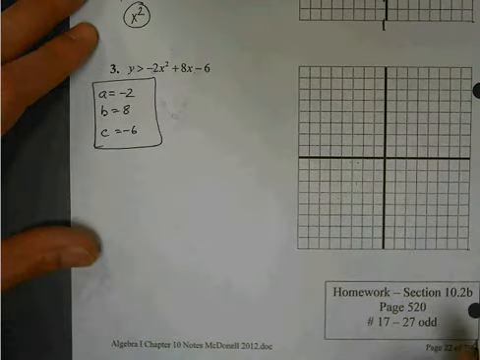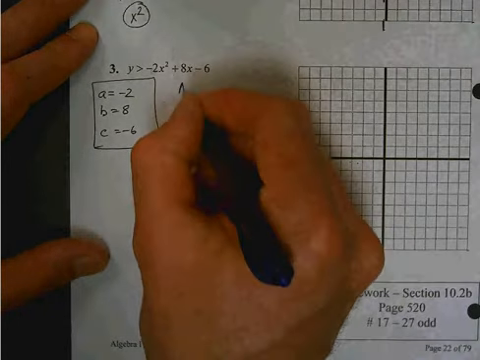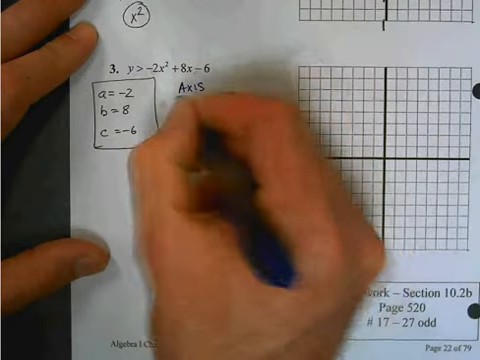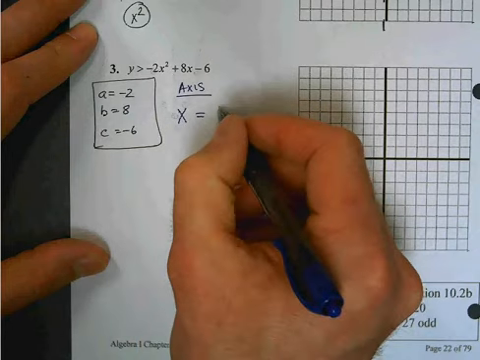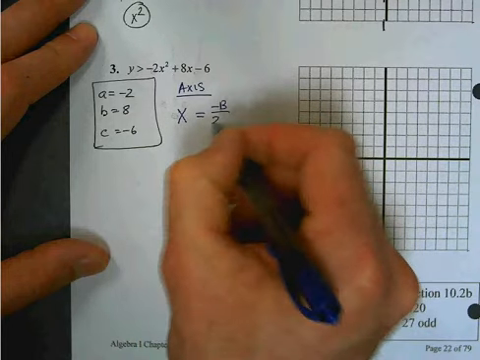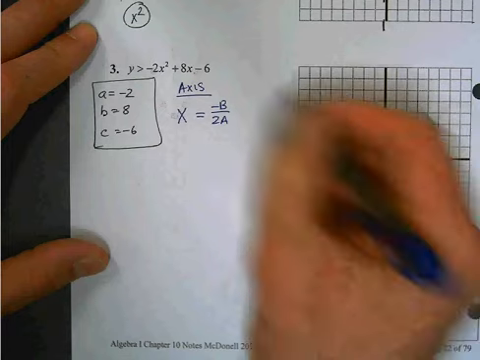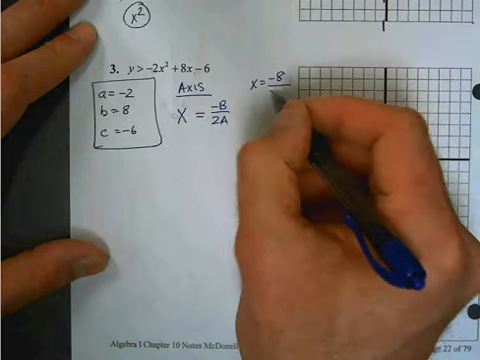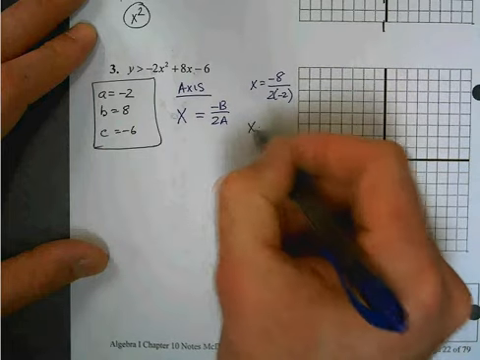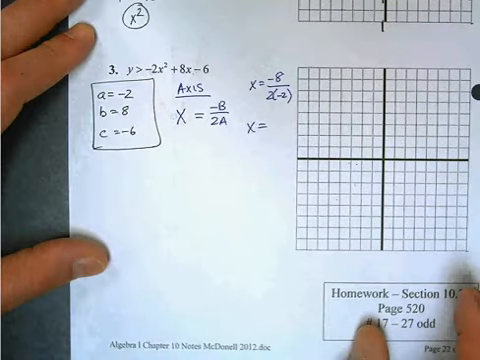All right. Sam, can you do the axis for me? Negative b over 2a. It's negative 8 over 2 times negative 2. So my answer is? 2. Good.